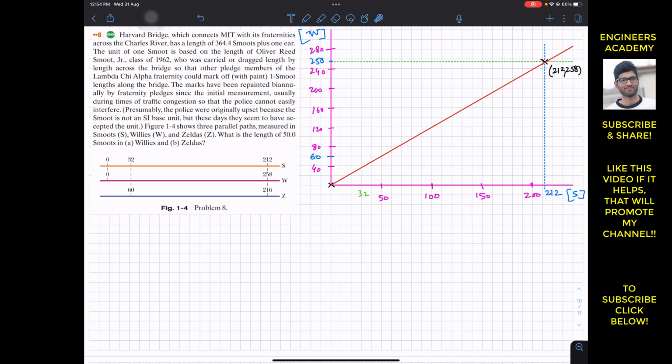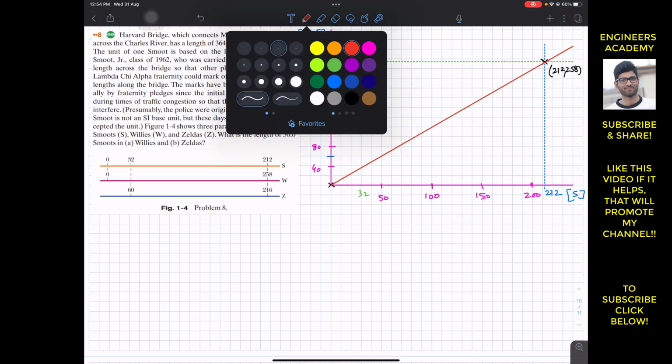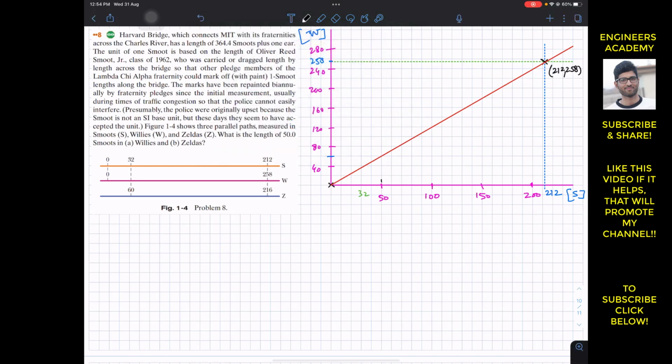But let's find that value. Let's say we do not know that value, and let me draw a vertical line from 50 Smoots. It intersects somewhere, and we want to find the Willies value.